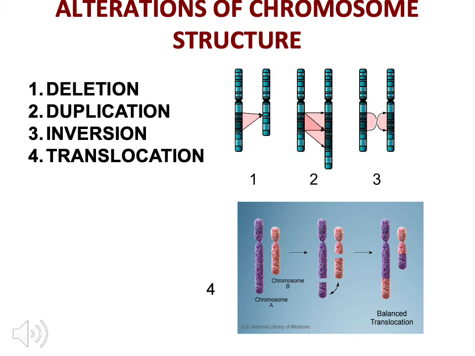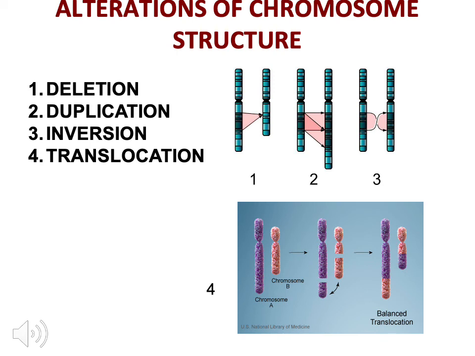So let's suppose on the left-hand side of number 3, the sequence would read A, B, C, D, E. On the right-hand side, it would be E, D, C, B, A. It just switches around. And that might not be such a problem unless, of course, the reading frame has changed, which means you might be reading the gene backwards, so that's not going to make an appropriate protein.